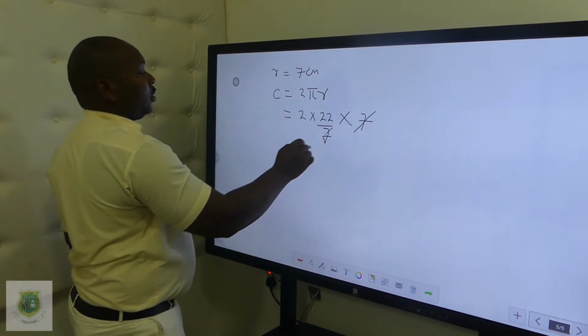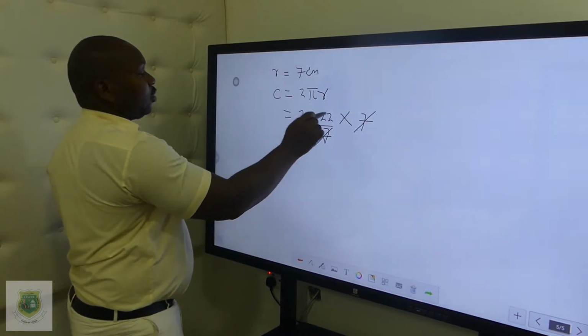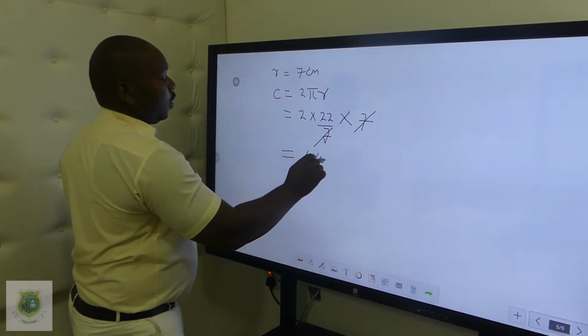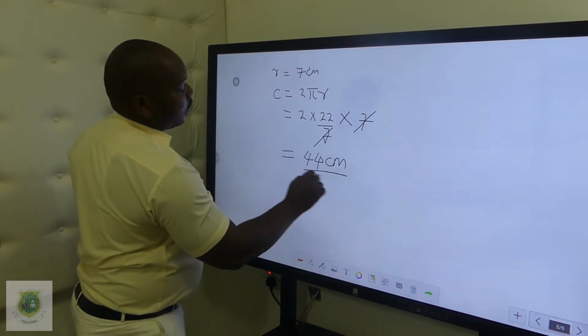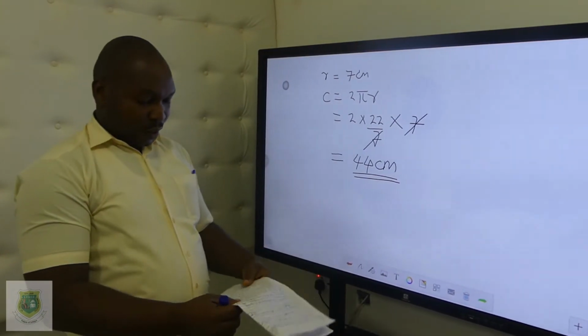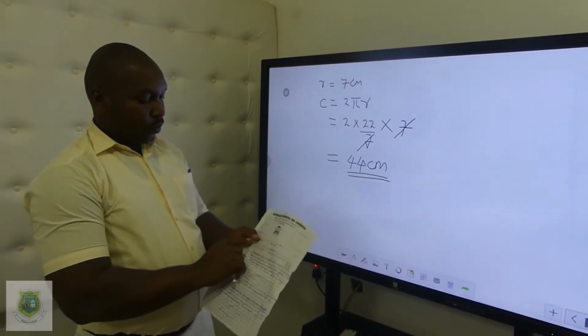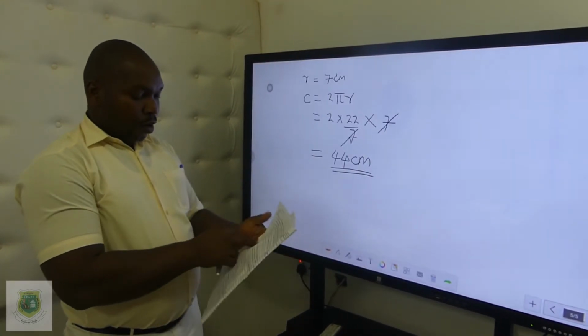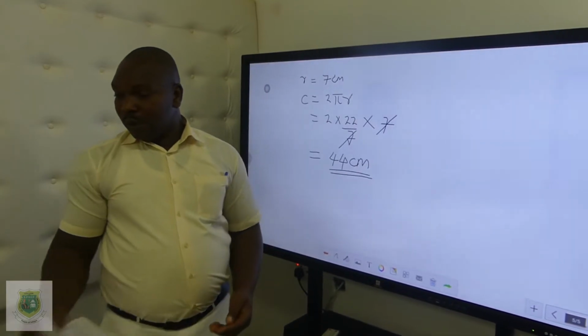So this will cancel this one, and we now have 22 times 2, which is 44 centimeters. This is our circumference of the circle. I hope we are following.